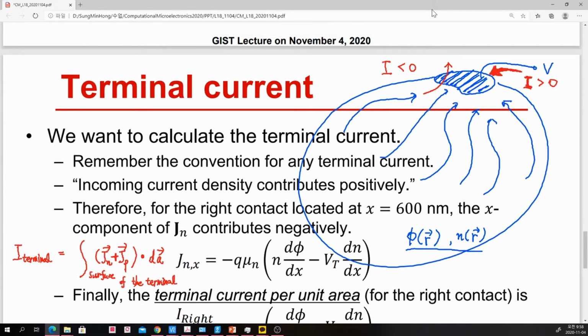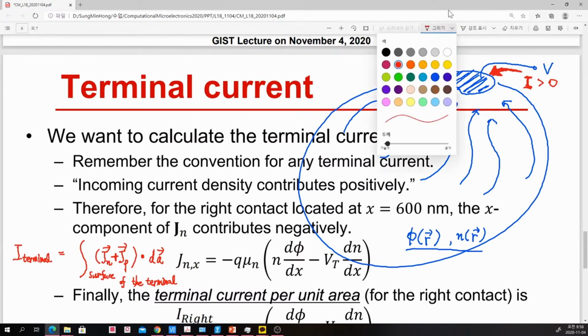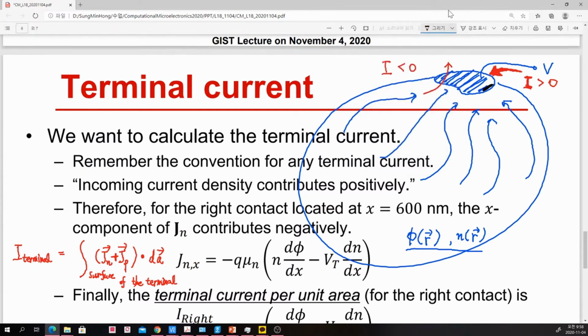Simply speaking, we can get the terminal current by integrating our Jn and Jp over this area. However, when you just take this integration as shown here, then you will have outgoing flux.